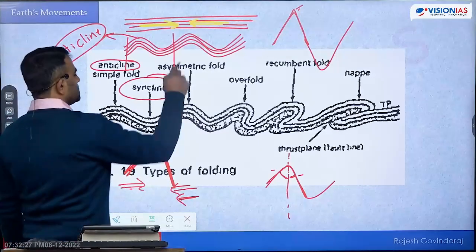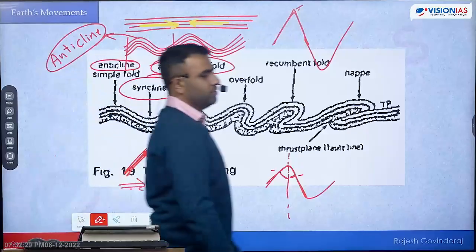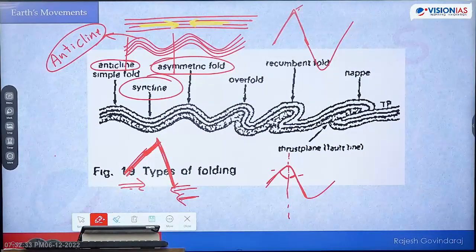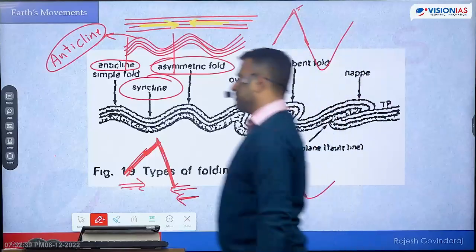That is called an asymmetric fold. If both the limbs are not inclined at the same angle, it becomes an asymmetrical fold.